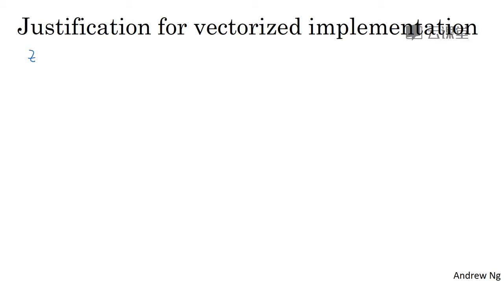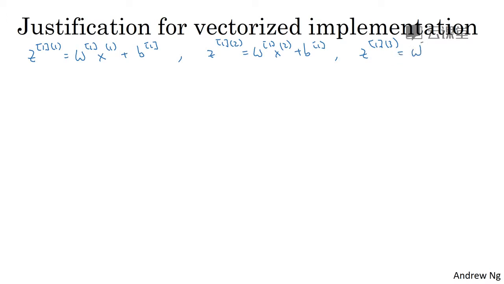Let's say that for the first training example, you end up computing this W1 x1 plus b1, and then for the second training example, you end up computing this W1 x2 plus b1, and then for the third training example, you end up computing this W1 x3 plus b1.